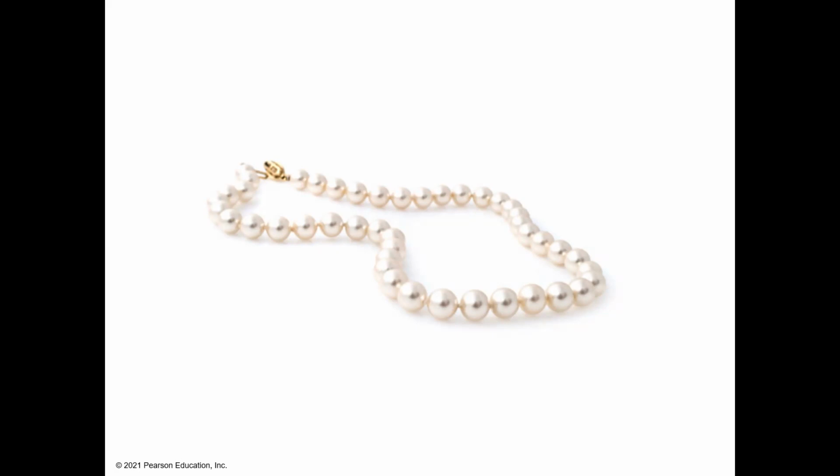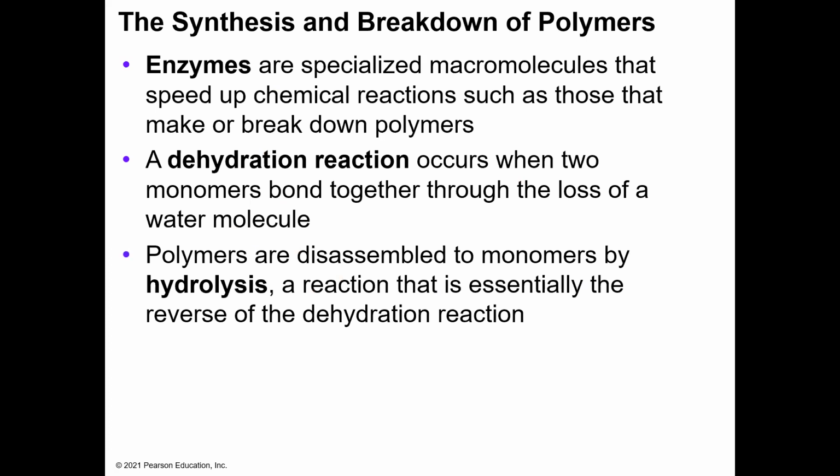So monomers are used to build and create polymers. The ability to do this is through enzymes. Enzymes are specialized macromolecules that speed up reactions and allow for the creation or breaking down of polymers. The process that is used to build polymers is called a dehydration reaction.